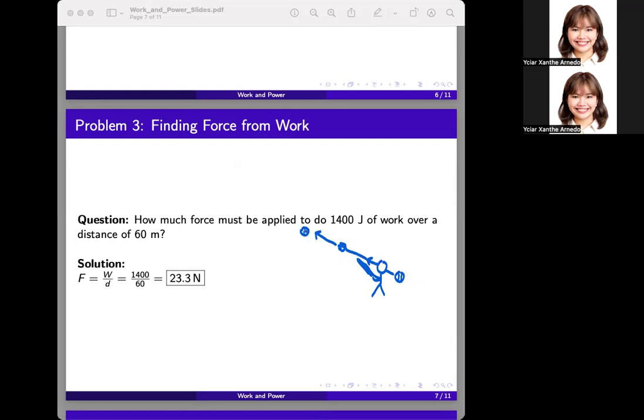And we're given a displacement of 60 meters. Again, the work done here is given as 1,400 joules, and we're being asked for the force. Let's write down those values here.